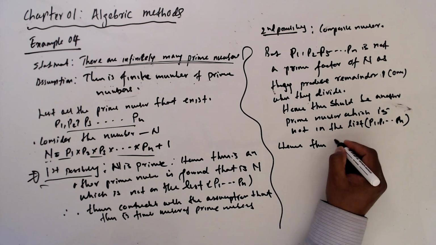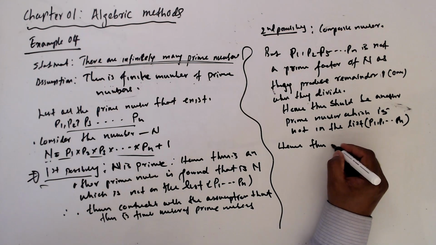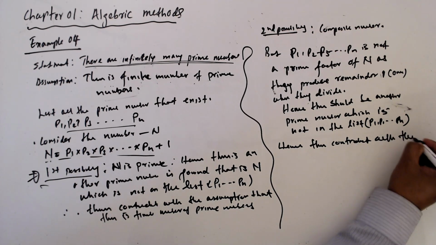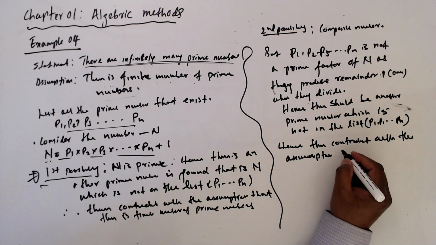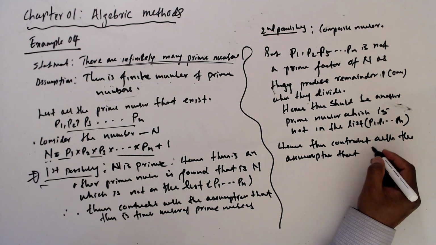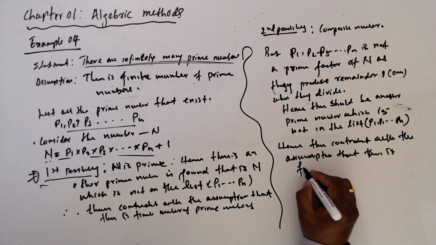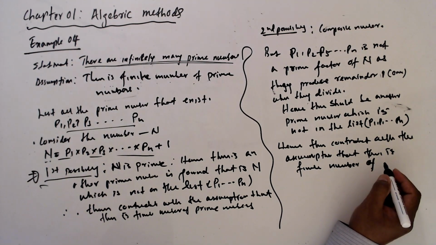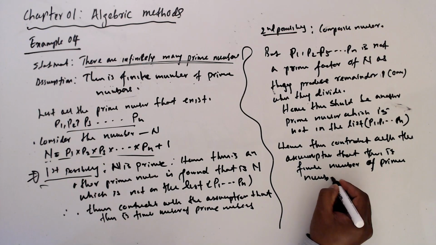Yes, this contradicts the assumption that there is a finite number of prime numbers.